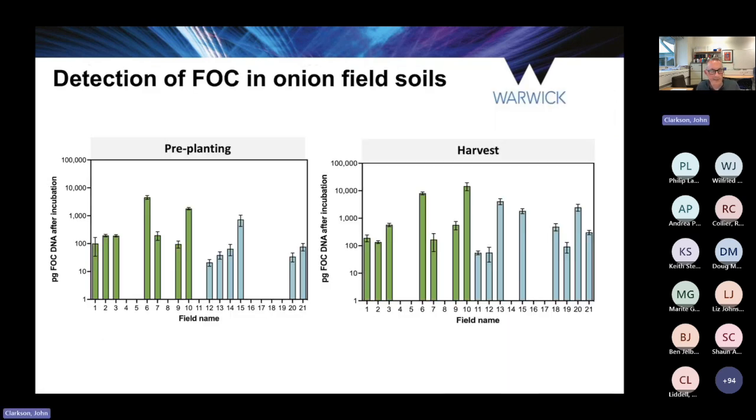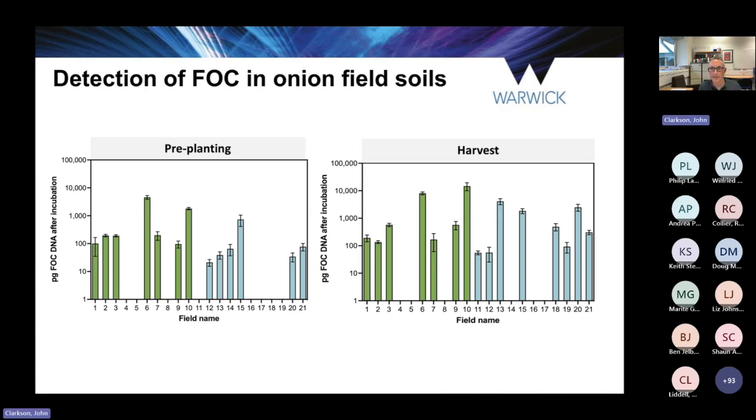We then implemented this enrichment protocol on real-world samples from a number of different onion growing soils from around the UK. What you're looking at here on the left-hand side is samples that were taken pre-planting, so before onions were grown. Along the bottom there are 21 fields, and you can see that we can detect FOC in the majority of those samples and at different levels.